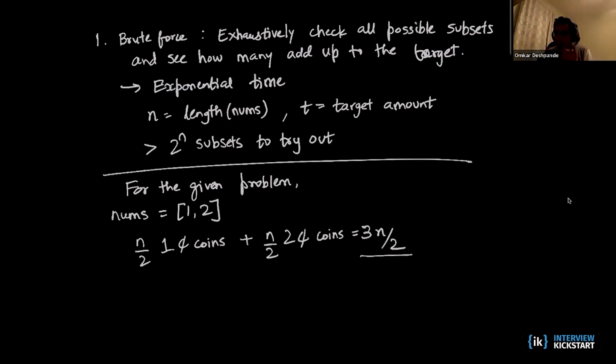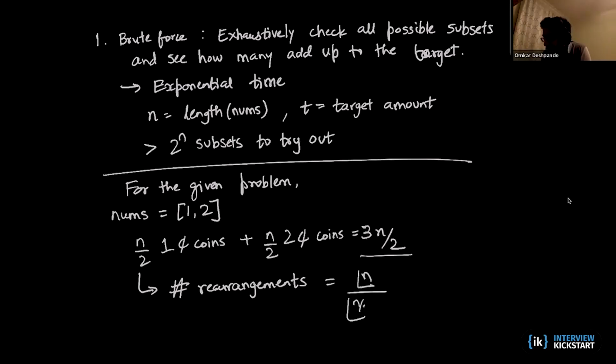Now, since their rearrangements also matter, the number of possible rearrangements just of a subset of coins where n by 2 are of one type, n by 2 are of another type, would be factorial n divided by factorial n by 2 times factorial n by 2. Just like if I have a bunch of zeros and ones, let's say there are 2n of them in total, just so that half of them is also an integer.